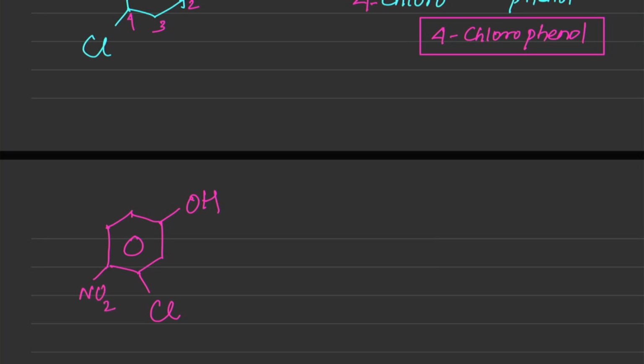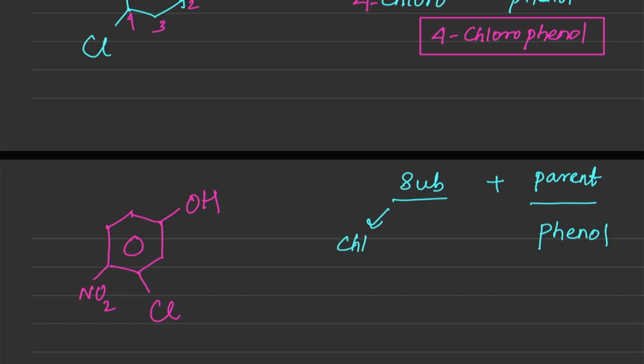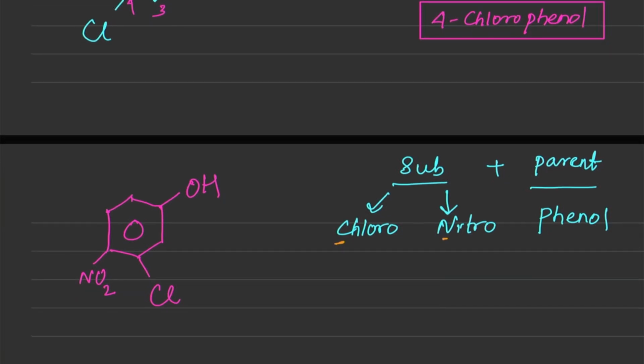We follow the similar pattern, substituent plus parent. So the parent is phenol here. Now we've got two substituents. Substituent 1 is chloro, substituent 2 is nitro. And obviously we have to write them alphabetically, so chloro will go first, nitro will go second.